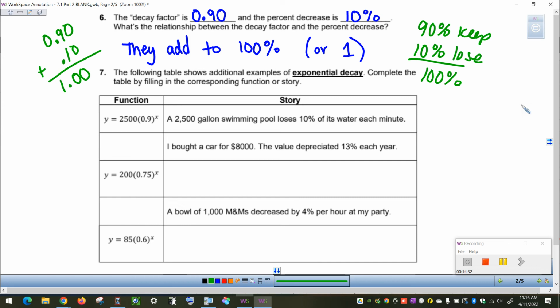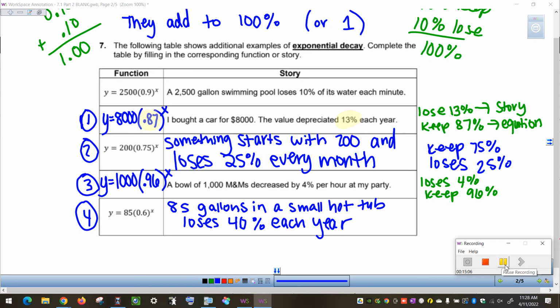But you're also welcome to use one of the templates of my story that I have up here, or even the one that I just mentioned, and just replace the numbers with what they should be instead. Awesome. All right, so really the big thing is that the percent that we're describing in our story plus the percent that corresponds with our decay factor in our equation, they're always going to add up to 100%.